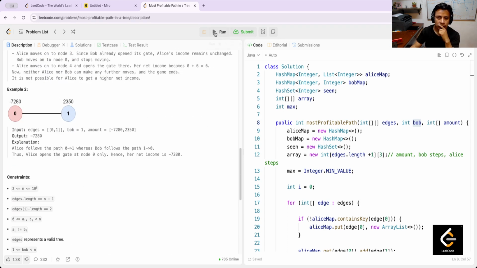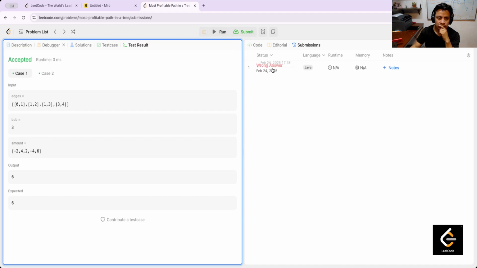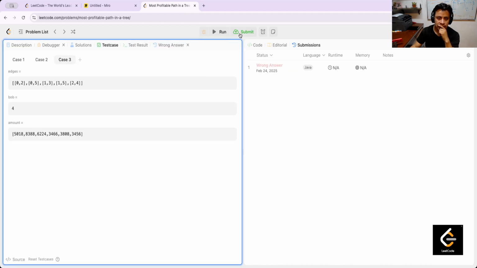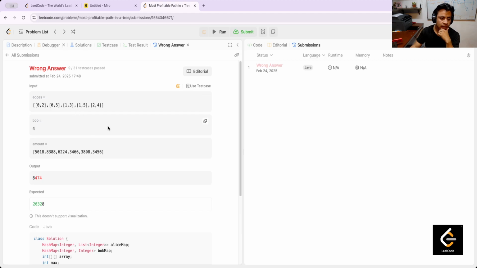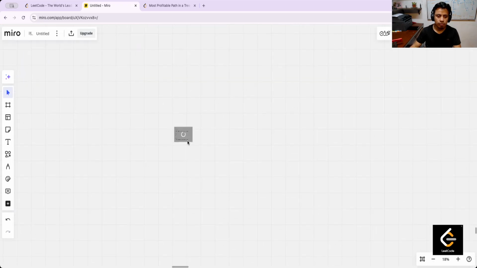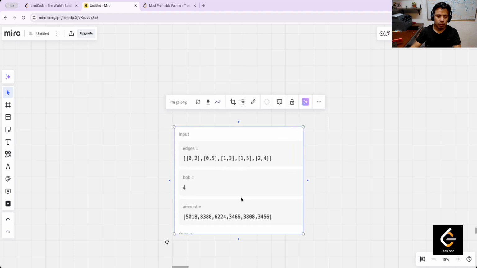Now, the interesting point here is that we have a few tests like this where the answer is wrong. Why? Because in essence, we have this. Let me show you. I will copy this and paste it here.